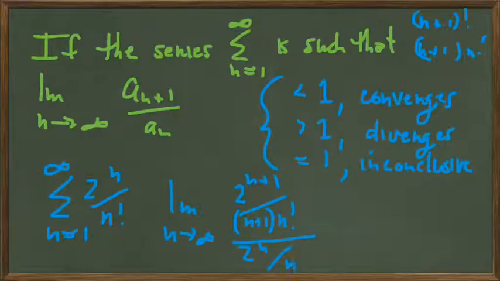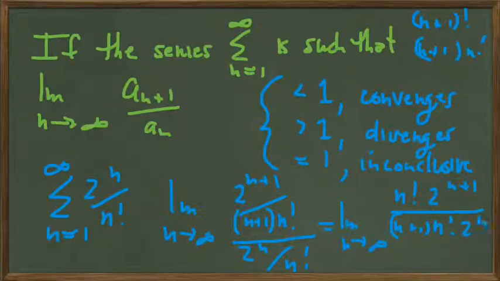divided by n factorial. So if we invert and multiply, we're going to see that there's a lot of cancellation. So we have n factorial, 2^(n+1), (n+1), n factorial, 2^n.